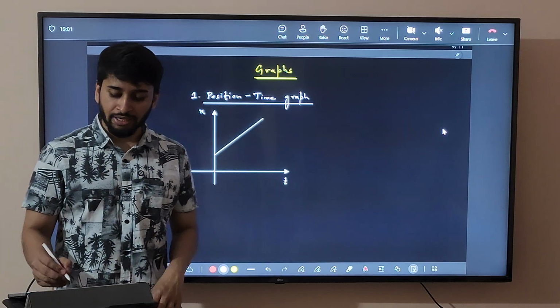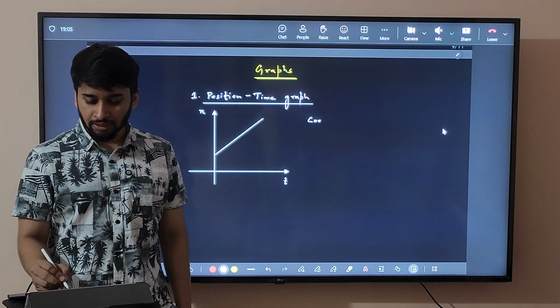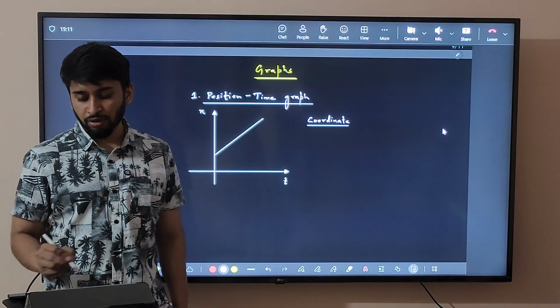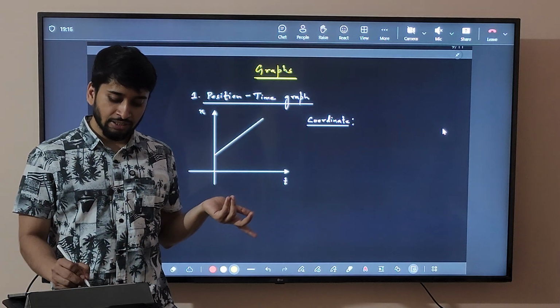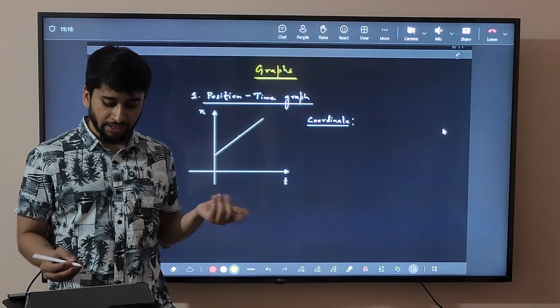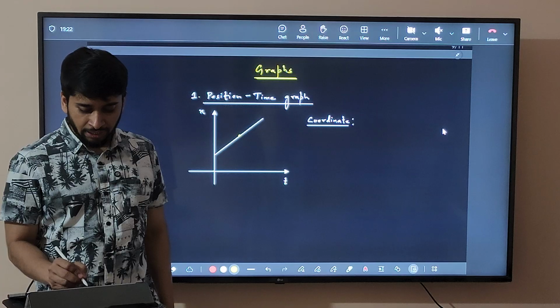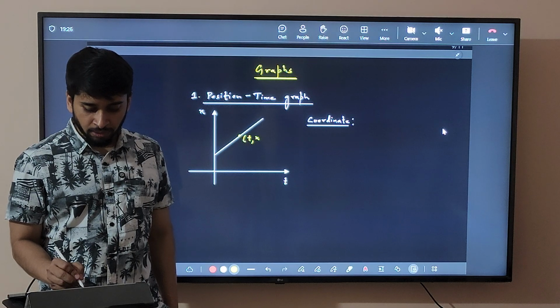So the first one is coordinate. What will the coordinate give? If I take the coordinate of any point on this graph, that will simply give you the position at any instant of time. The x coordinate will be t and the y coordinate will be x.